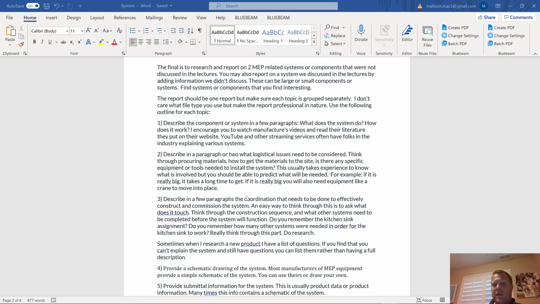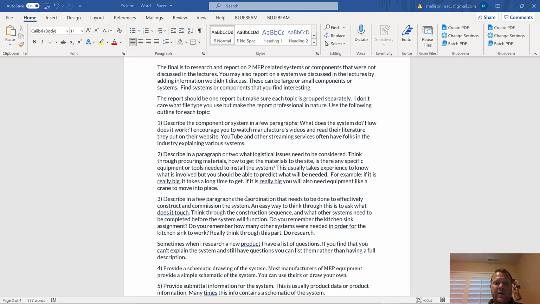It's small. It's still something that could be described on how it works. Now you could do something like I did, take a larger system, which is a chill water system, and pick two main components and describe what those two main components do. Or make a report on those two components.